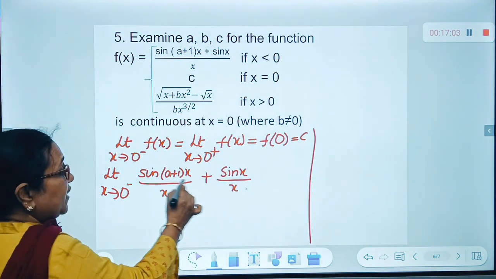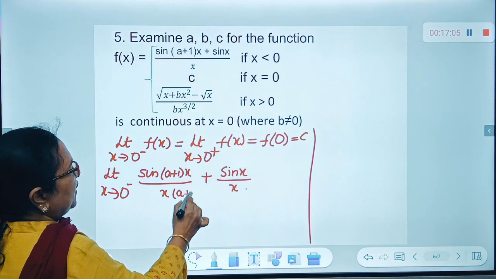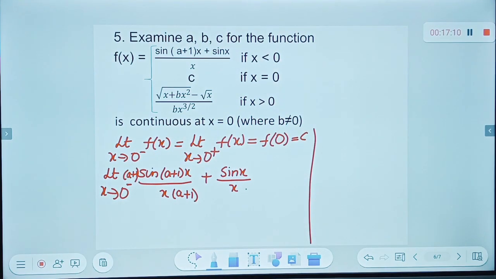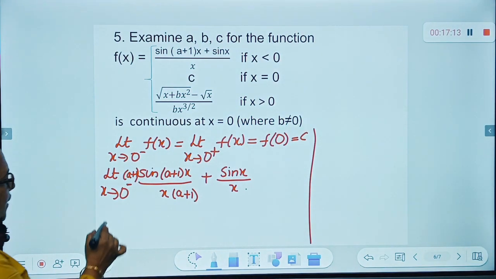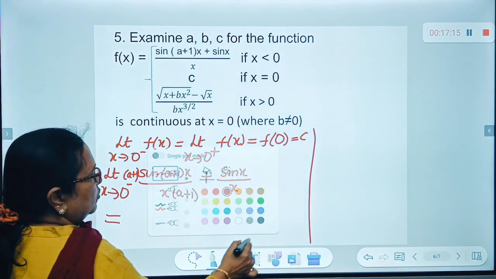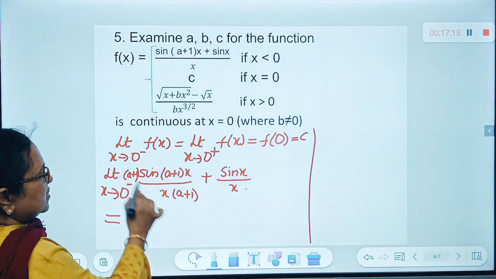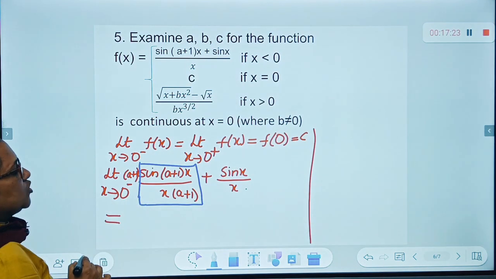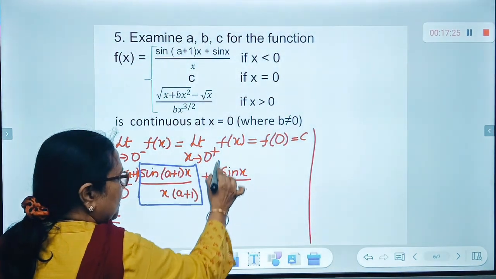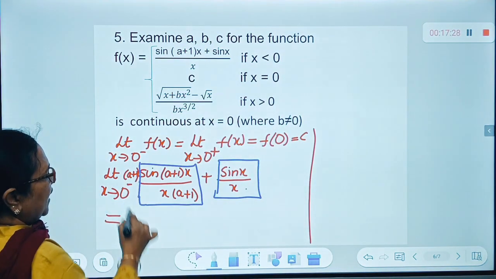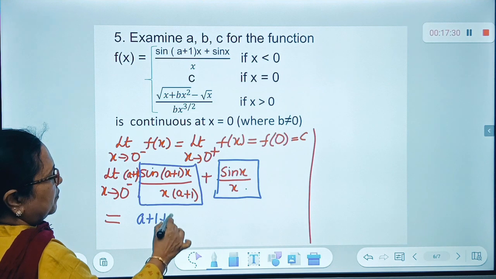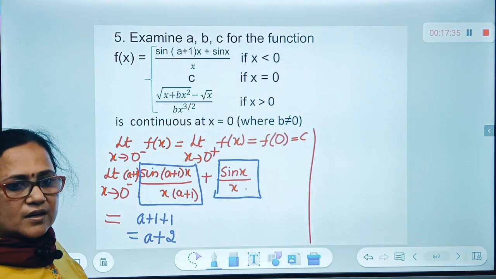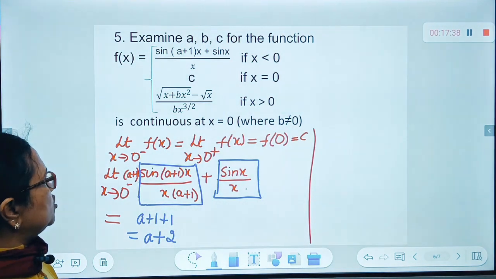Here instead of x I have (a plus 1)x, so I will multiply and divide by a plus 1. This portion as limit x goes to 0 becomes 1. This also becomes 1. So I already have a plus 1 here, so a plus 1 plus 1, which is a plus 2. Is it clear? So the left hand limit is equal to a plus 2.